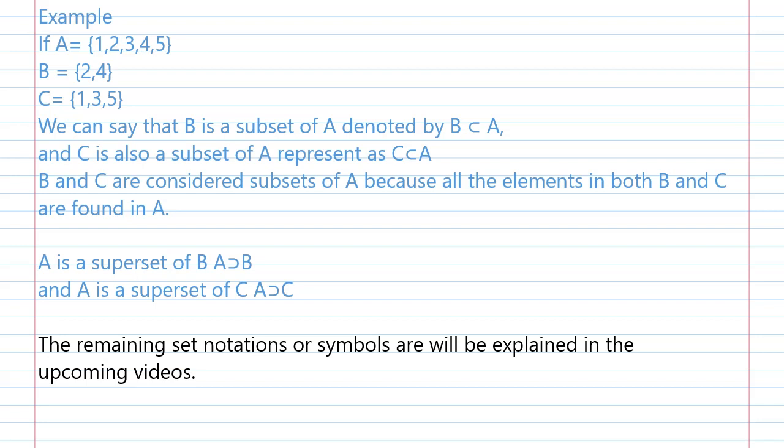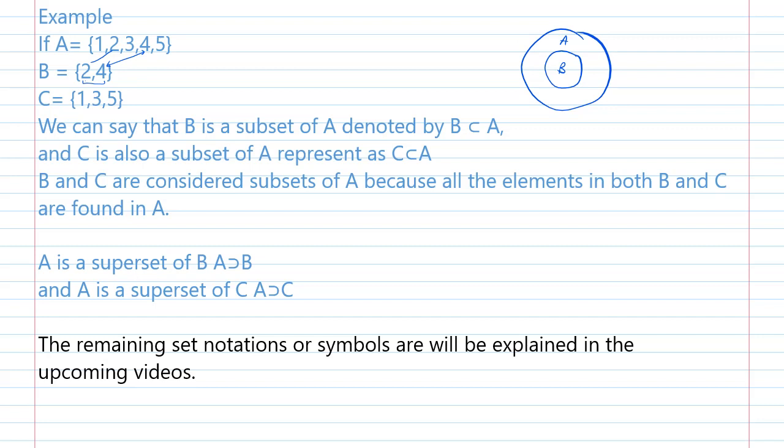Because the elements that are found in B can be found in A. So 2 can be found and 4 can also be found. So B is a subset because it can be included. Say for example you had A like this in a Venn diagram, then B can be embedded in A. So this is why we call it a subset.